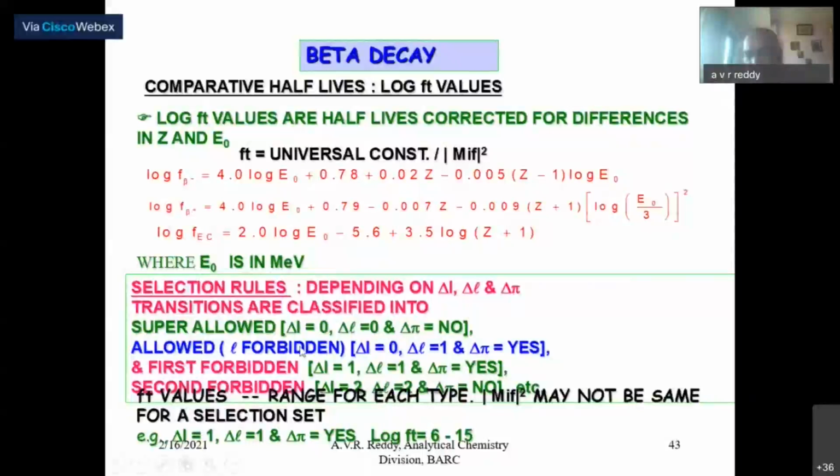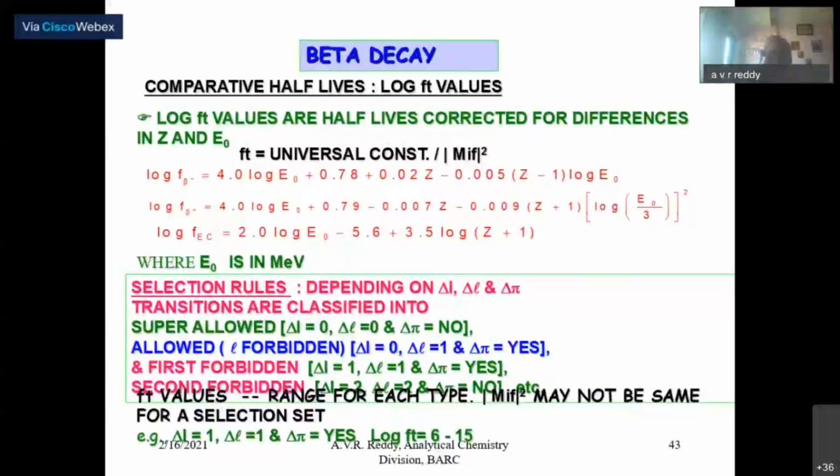For example, if delta I is 0, if there is no change in the spin value, and the change in the L value is 0, and no change in parity, take an example of a half plus. The final nucleus is also half plus.